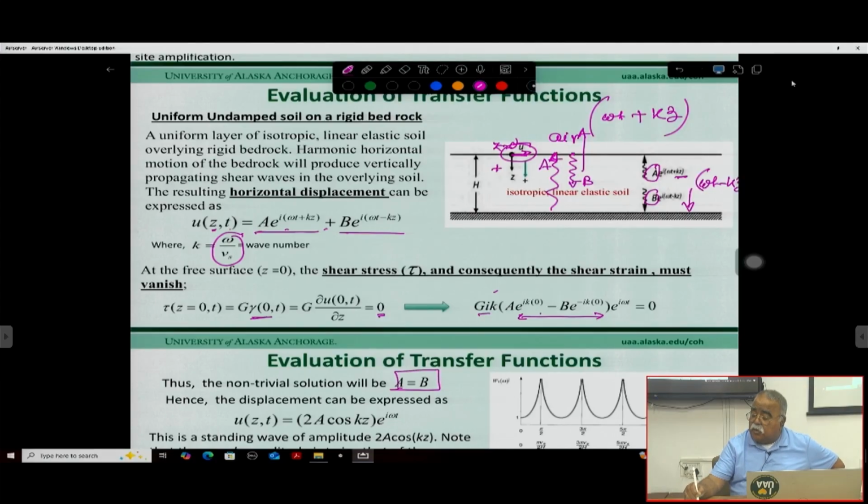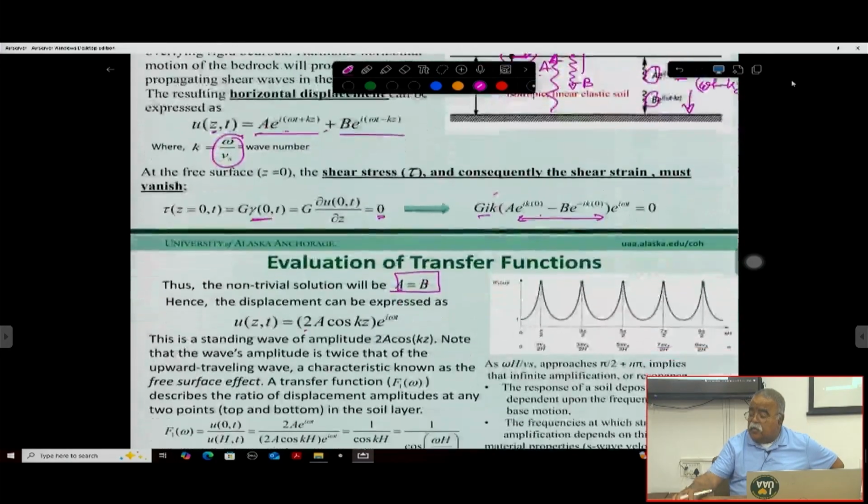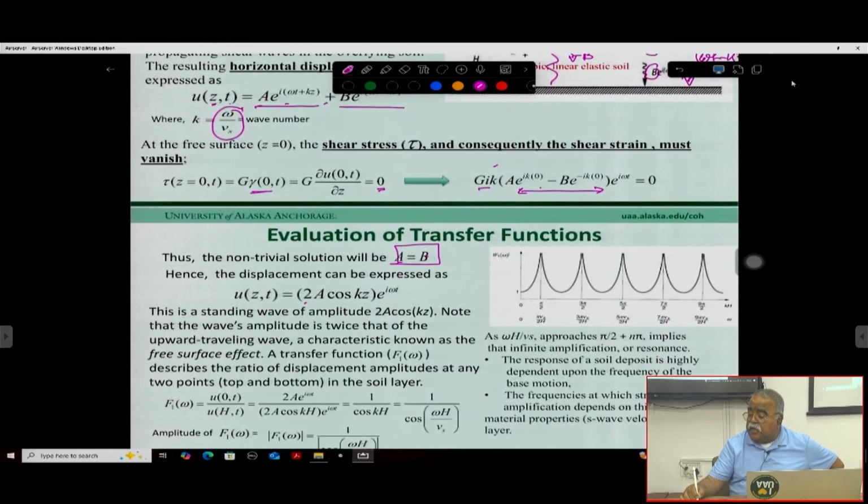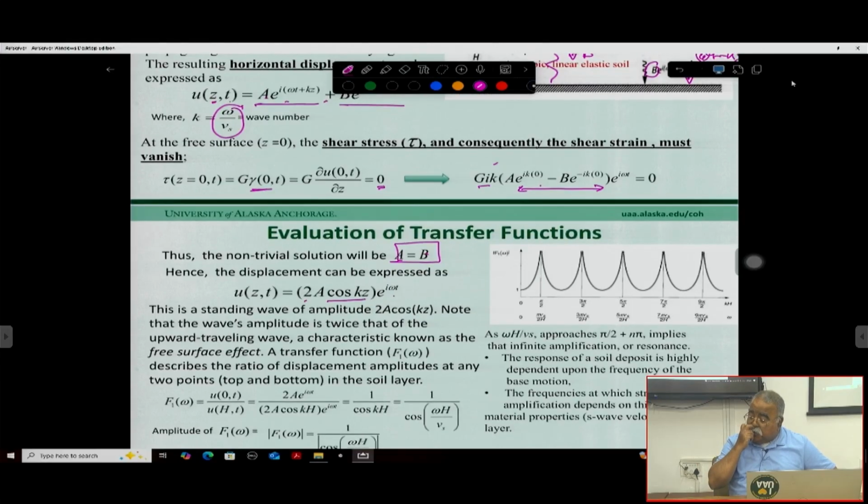Put A equals B here, then u(z,t) equals A times e to the power i omega t plus kz plus e to the power i omega t minus kz, which equals 2A cosine kz into e to the power i omega t, right? So let's see, we will be doing it after this one.